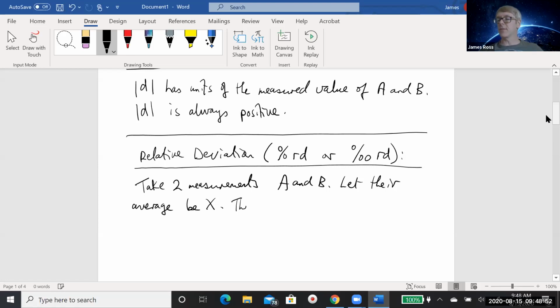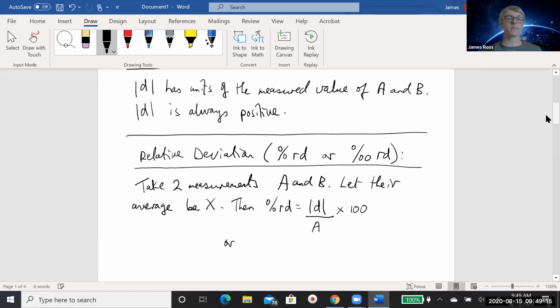Then the percent relative deviation is just the absolute deviation from our initial part of our video divided by A times 100%. So that would be the relative deviation in A.